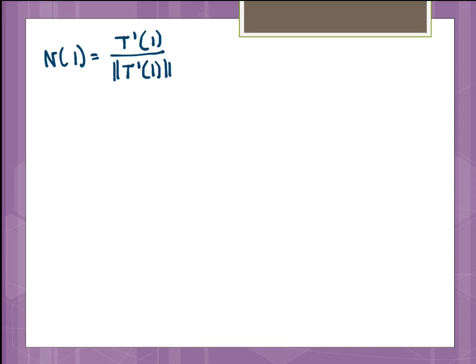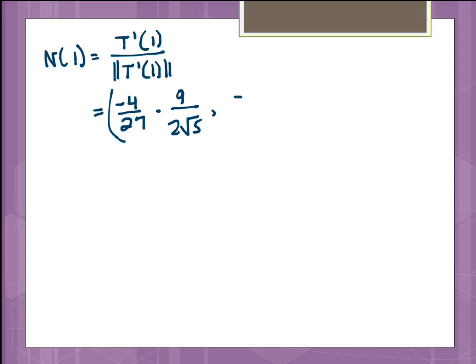Alright, so T prime of 1 was my -4 over 27. And I'm supposed to divide by r prime of 1, but I think what I'm going to do instead is multiply by the reciprocal. So this would be times the 9 over 2 square root of 5.